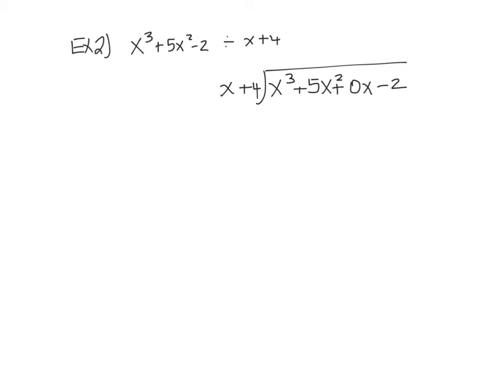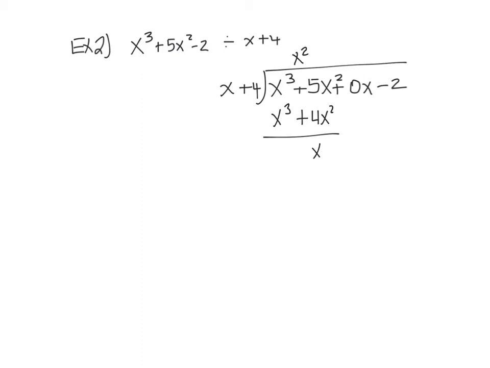So I just focus on the first term. So I need x squared. So that will be x cubed. Then I take 4x squared when I multiply them. So then what do I get? This is x.